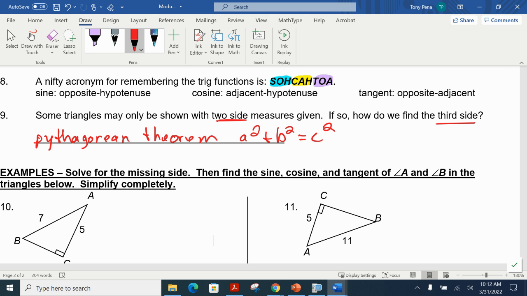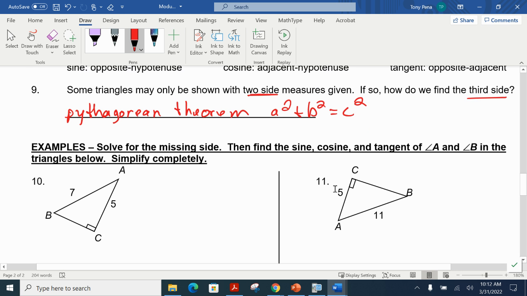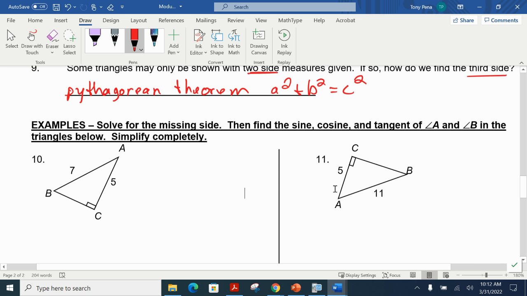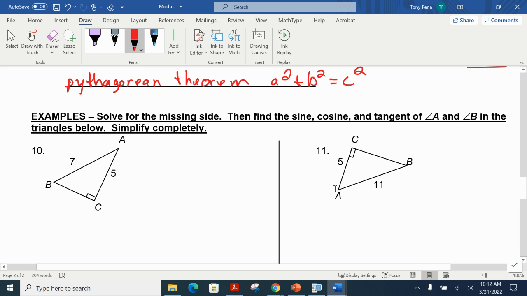All the ones we did on the front page had all the values. It is not uncommon to come across something like 10 and 11, where you only have 2 of the 3 sides. If I wanted you to find sine, cosine, and tangent, we need to know what this side is before we would be able to do that. So it adds a little extra layer here. We're going to have to do the Pythagorean theorem to figure out what the missing side is.